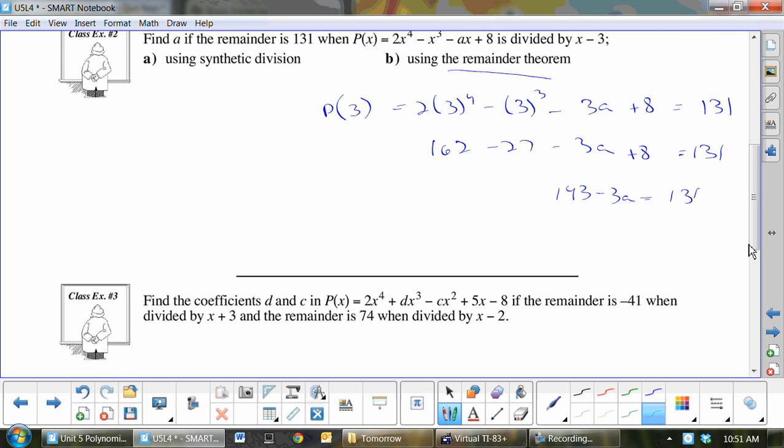I'm going to subtract 143 from both sides. I'll get negative 3a equals negative 12. Then I will divide by negative 3, a equals 4. Okay, so that's how you could have done a question off the quiz today.